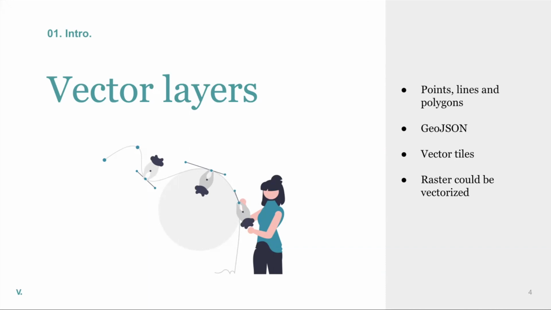And with these vectors, when we have heavy data, we use vector tiles, which is very powerful with Mapbox. Also, if we have more data, like particles or points, we are using deck.gl for that.